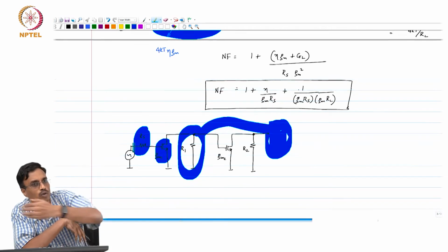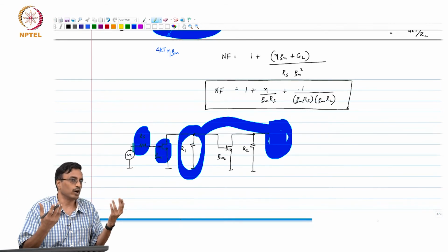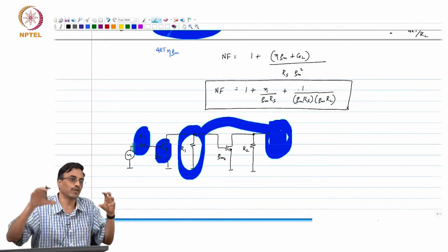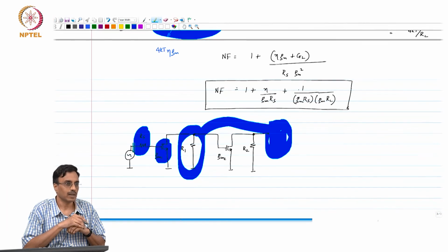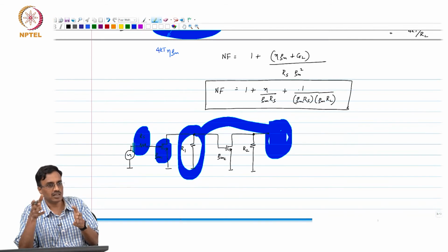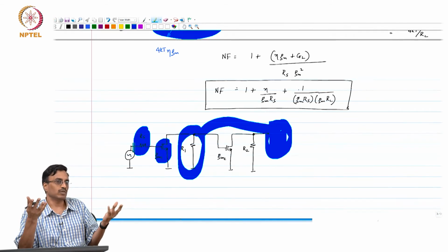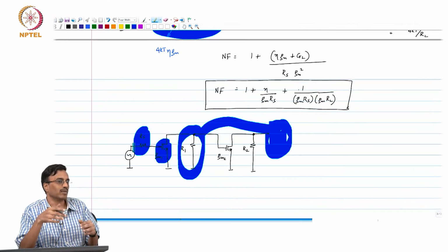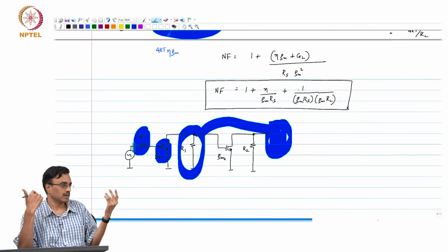As you keep going further down the chain, let us say you have a long cascade, each one amplifying the signal, and of course also amplifying noise from preceding stages. Which of the stages would you expect is the most critical as far as the noise is concerned? The first stage, right.